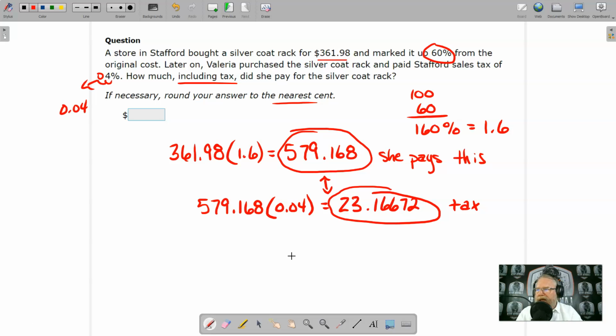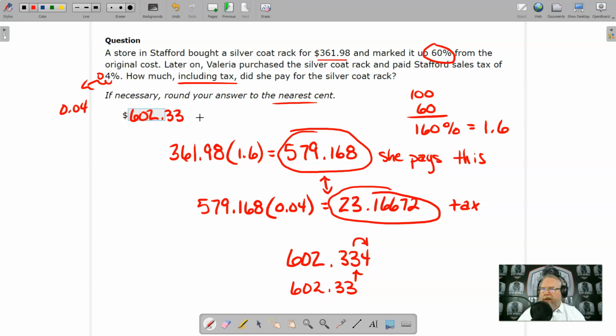That's going to give me a total of 602.334, and I can stop there because I just need to round to this point. So look to the right, 4 or less, let it rest, so that 3 is going to remain a 3. So it's going to be 602.33, and that is my answer, $602.33.